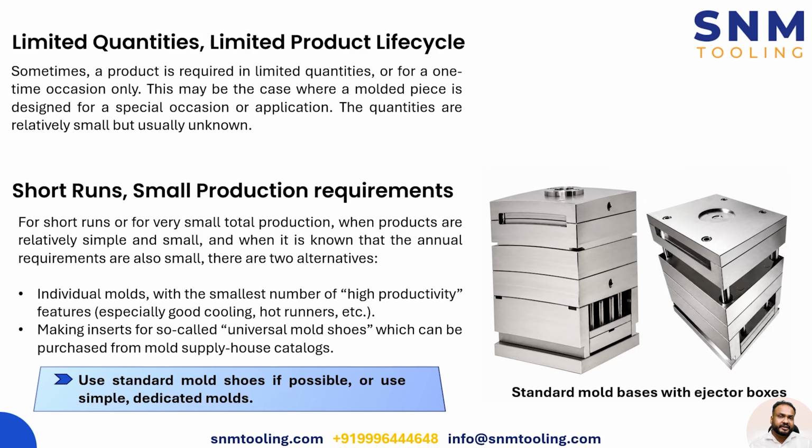We would still recommend a high cavitation mold, which will be able to produce a high amount of parts, right? But again, for that, the cost of the product will be less, and the machine required would also be larger. So again, the decision rests on the employer or the customer.